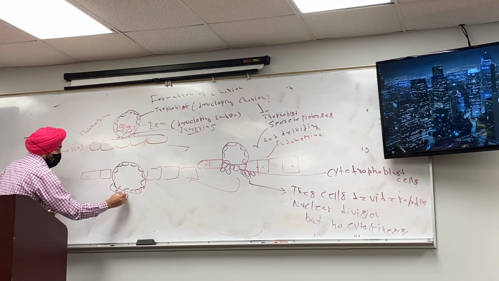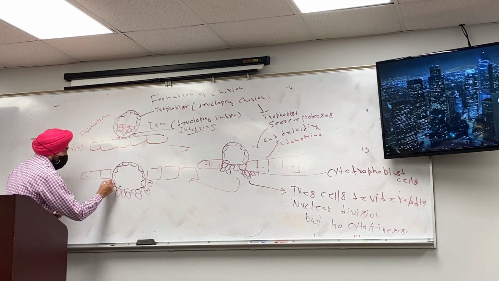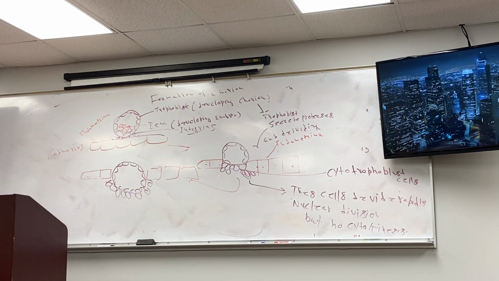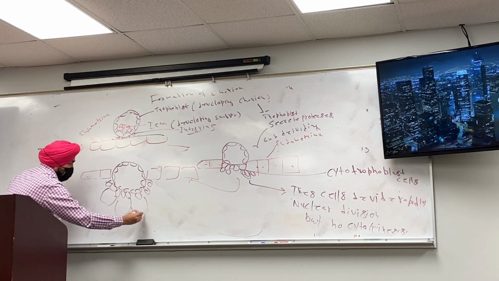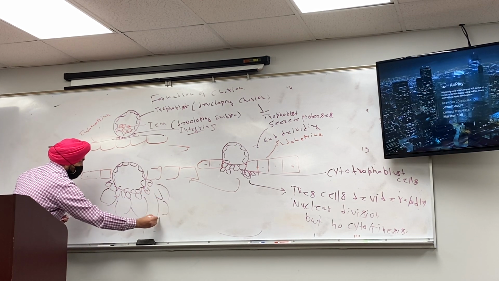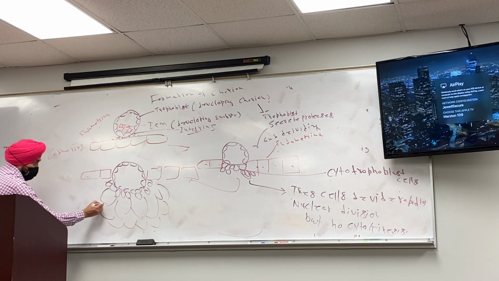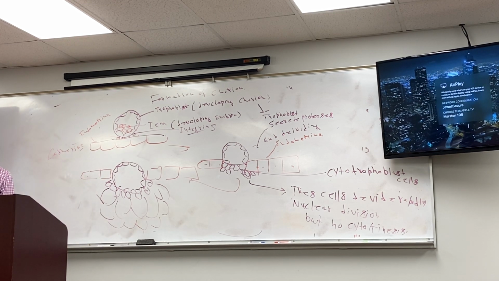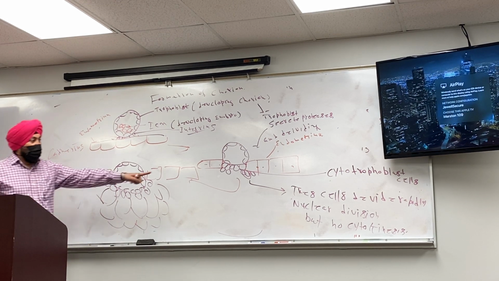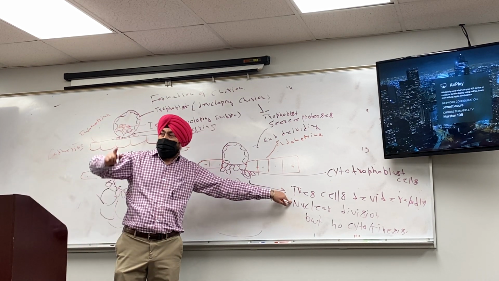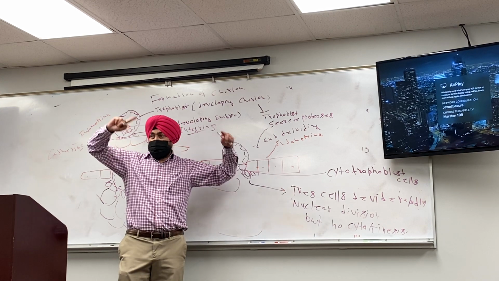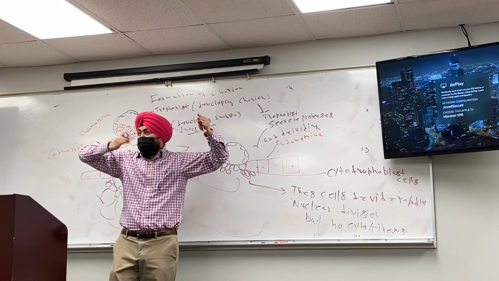So you had some cytotrophoblast, and now what you have here is actually very big cells like this. These big cells are there. Now remember, I said that nuclear division is taking place but no cytokinesis. It means that the cell's nucleus is dividing but the cell is not dividing, right?